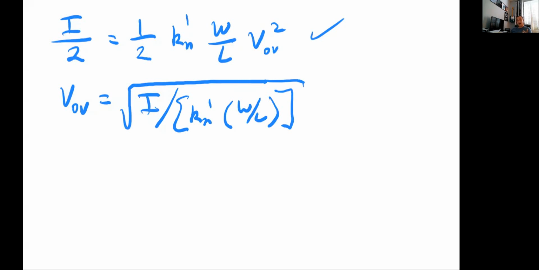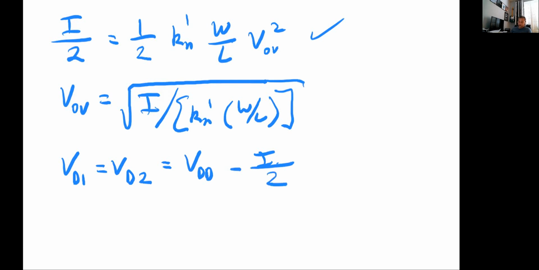If the transistors are matched, then the voltages at the drains are going to be the same. That's also the case. So VD1 is equal to VD2, and that's going to be the supply voltage minus the current through the drain for each transistor, which is I/2, times the drain resistance or the load.